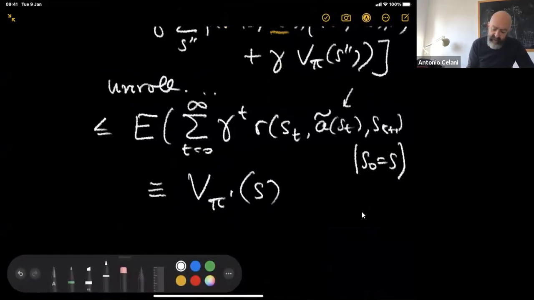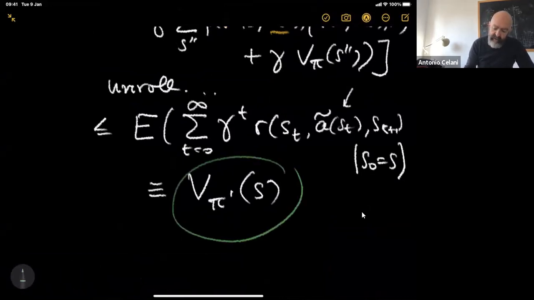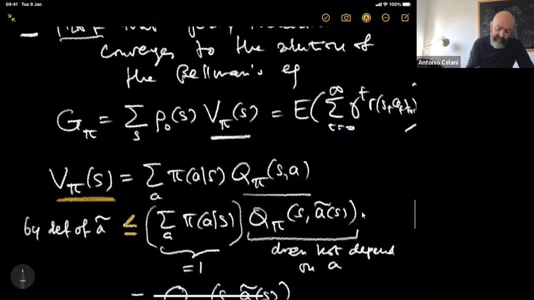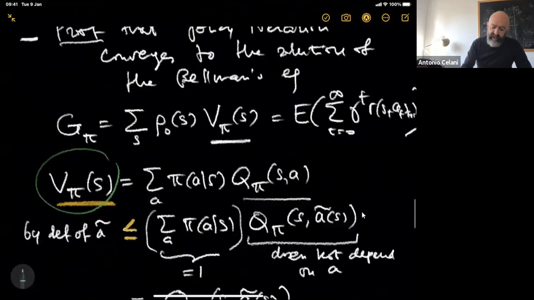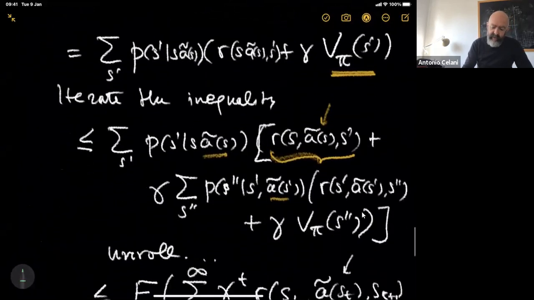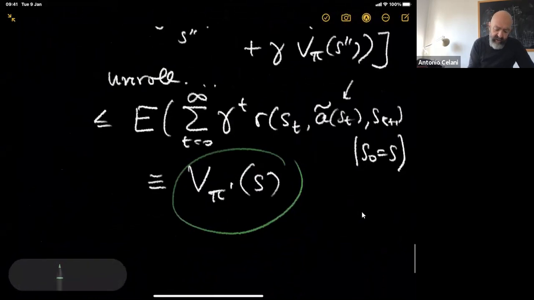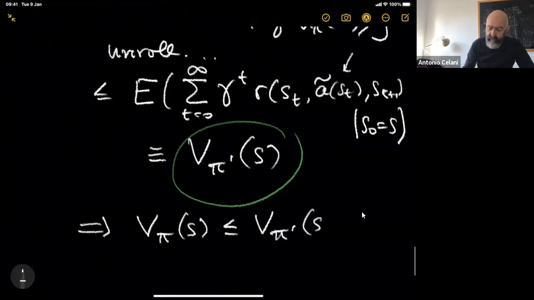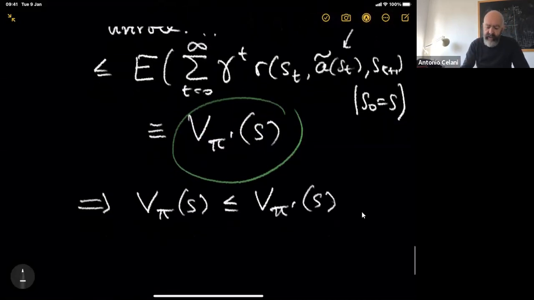So if you look at the final term here and the initial term here, these are connected by a series of inequalities which all go in the same direction. So I can conclude that the value function of the new policy is larger than the value function of the previous policy during one of these steps of policy iteration.